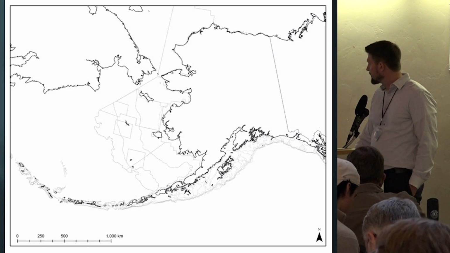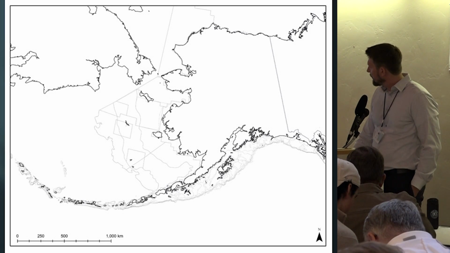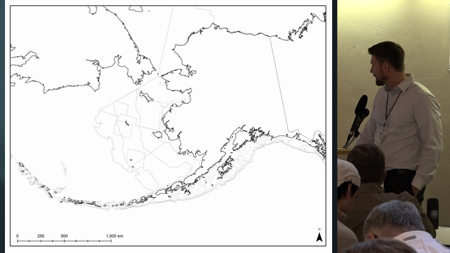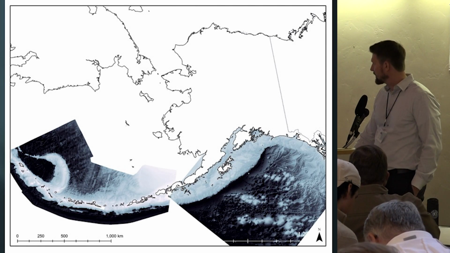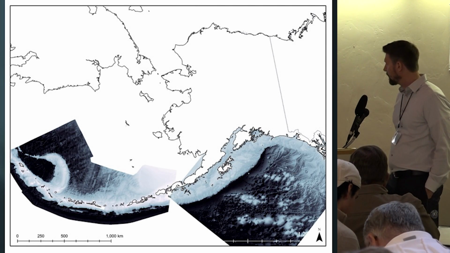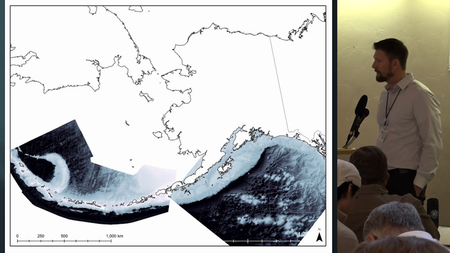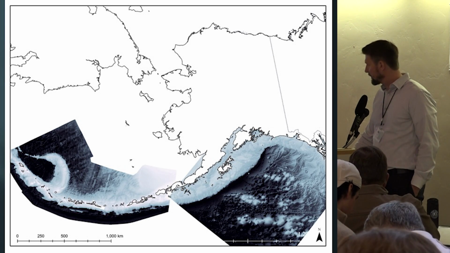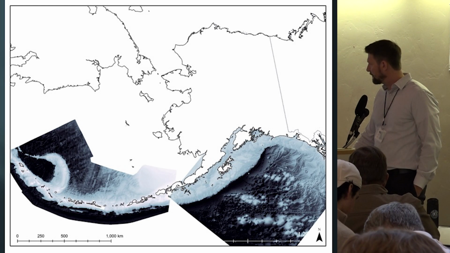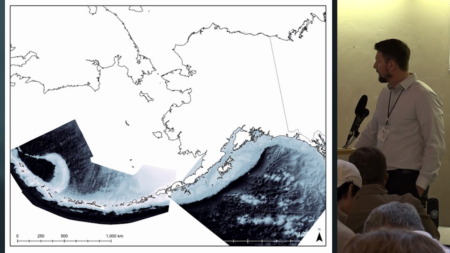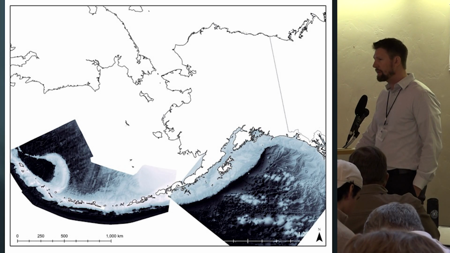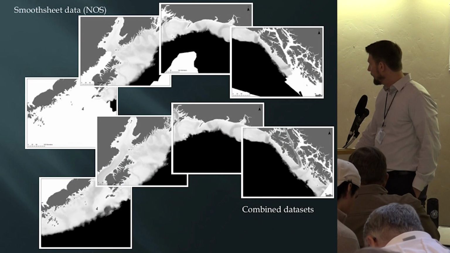So here's our system. Mark ground truthed or processed the digitized smooth sheets for 2 systems, the Gulf of Alaska and the Aleutians, as well as some areas in Norton Sound, and I believe in the Chukchi as well. I'm going to show results from the Gulf of Alaska because that's where we started, and then move into the Aleutians where we're starting to apply some of the same methods.